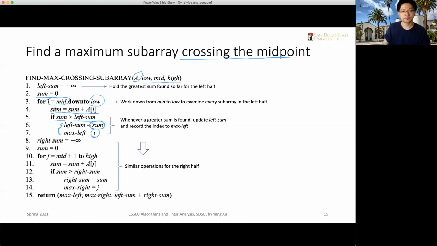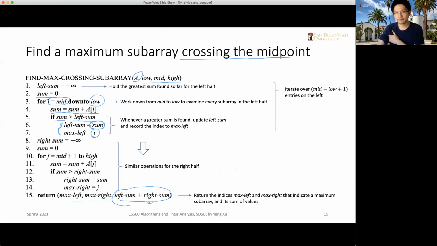So after these two for loops are done, we will return the left index, the right index, and the total summation. The left sum plus right sum is the total summation.